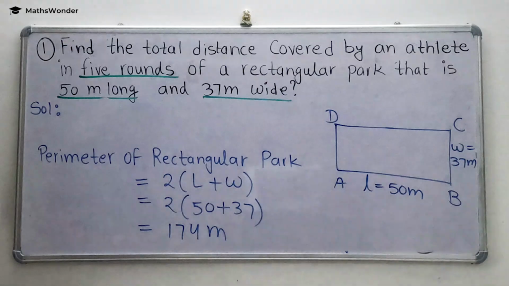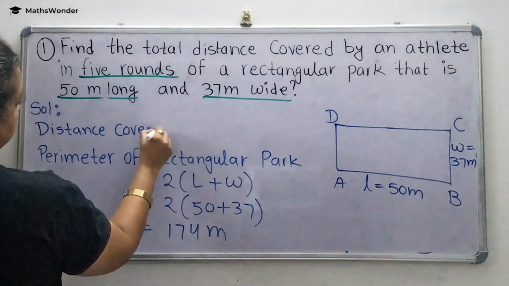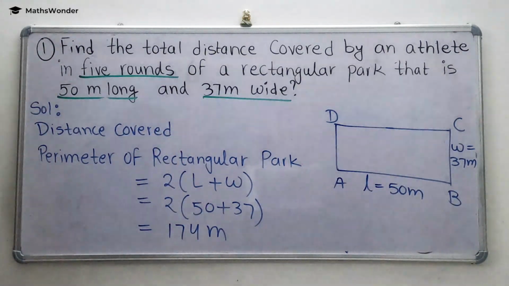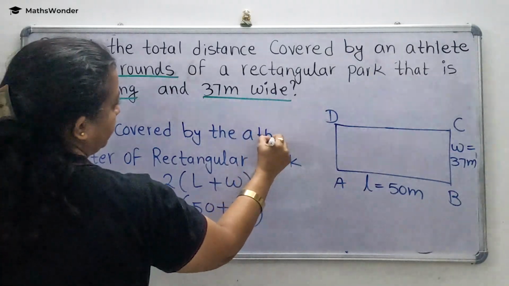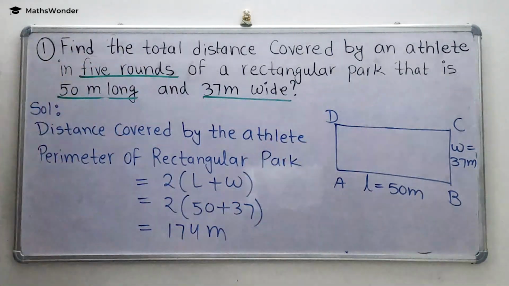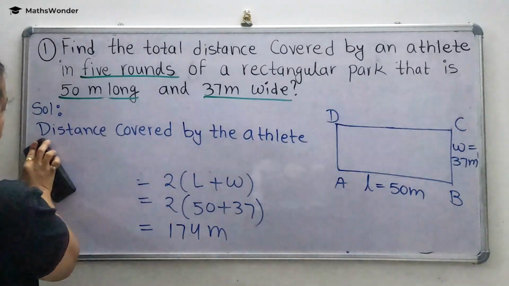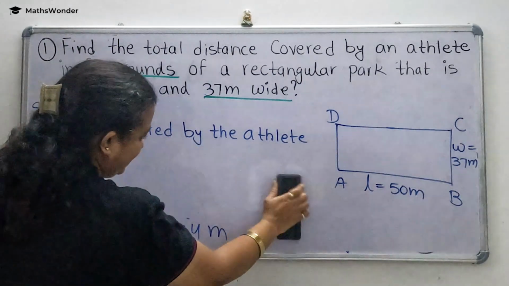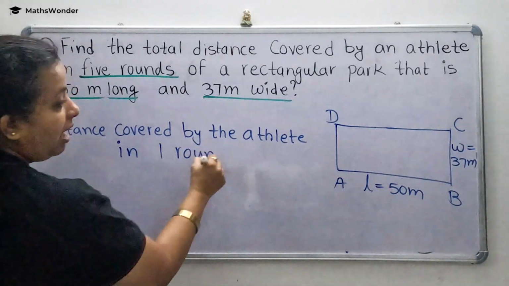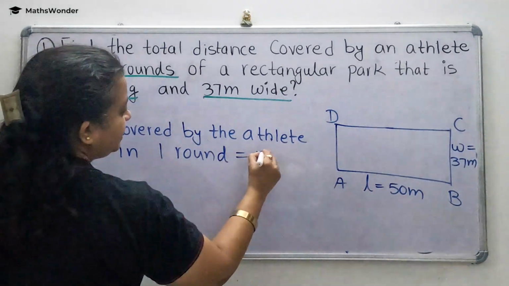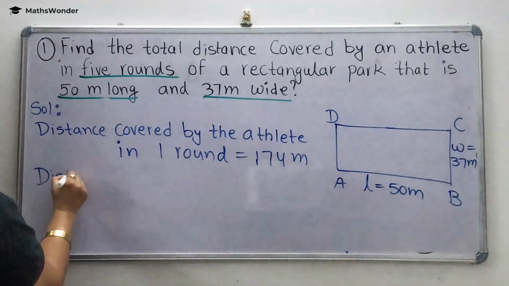The part is the distance covered by the athlete in one round, the athlete in one round is 174 meter. Now the same thing you have to find.